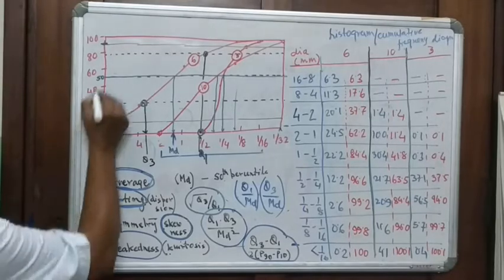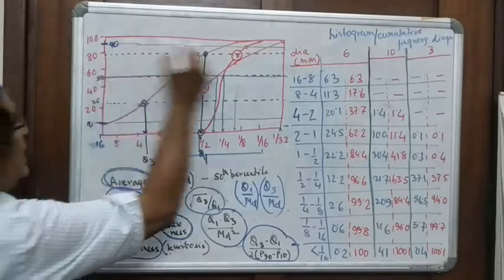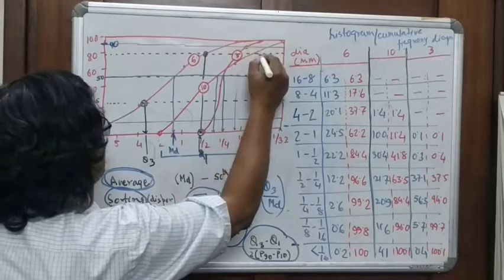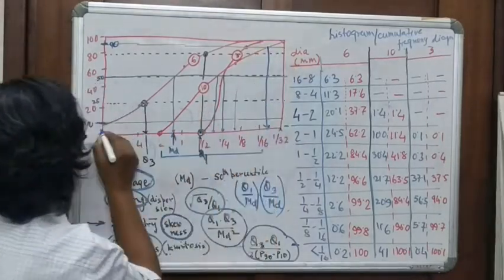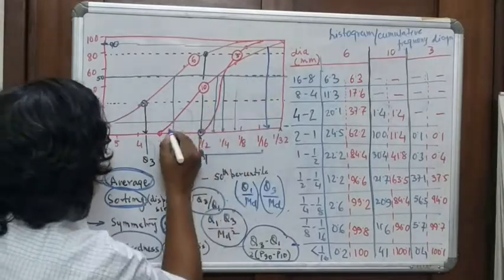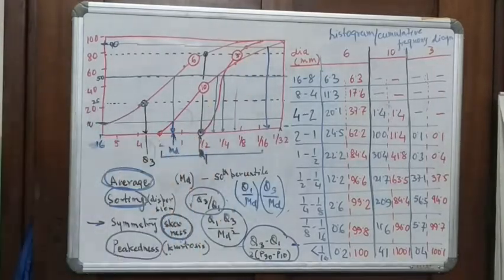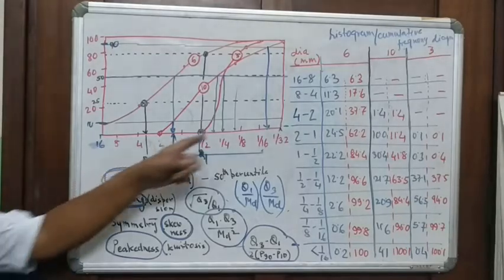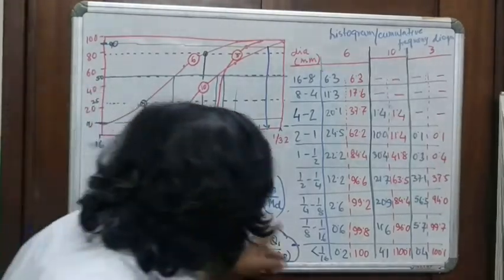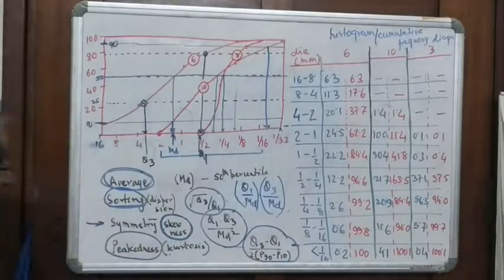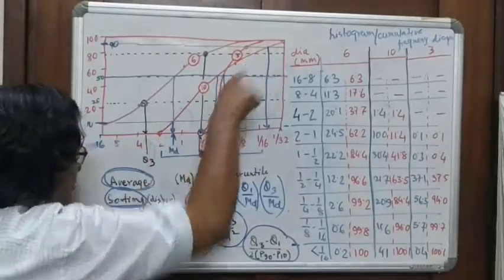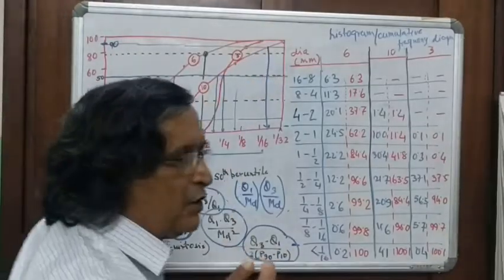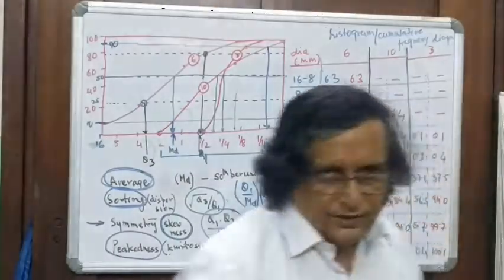This is the 10th percentile, and this is the 90th percentile, and you can see you are taking, for example, for the sample 10, this is the value that you're getting. So that is what it is, P90 minus P10, and that is the value that you're getting for kurtosis. So this is the expression that is used. You can see these are the two extremes. So this is the value that you find out to find the peakedness of the sediment.